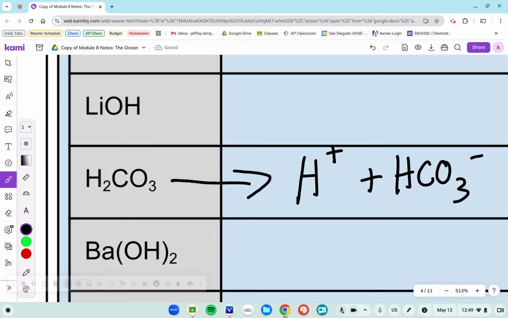Okay. Now, before we move on, I want to show you a second way that you could write this answer. Now, all we said before was that acids release H+. You could also write this and say that it releases two H+, because it says H2 in the front. So that means there's two H's that could be released, right? Now, if we release two H+, then what we're left with is just CO3.